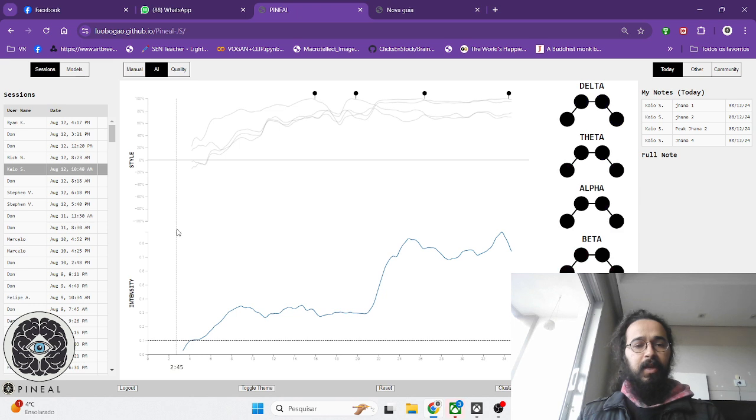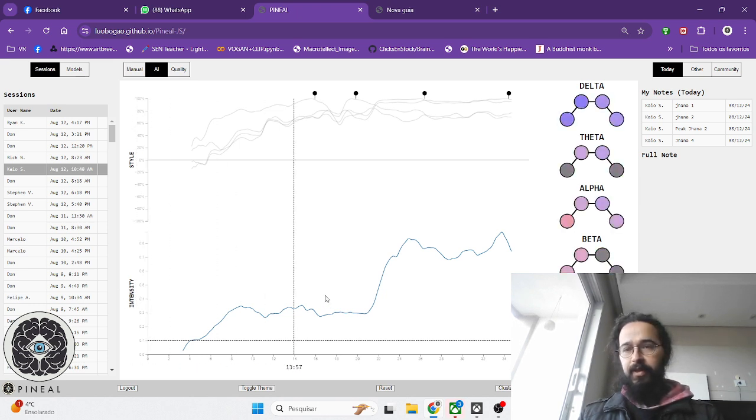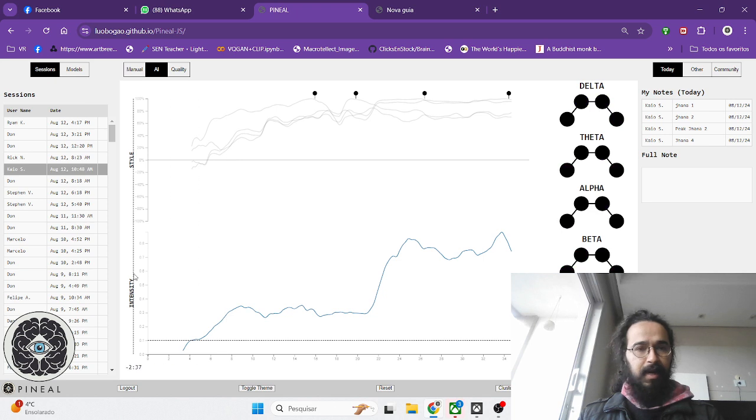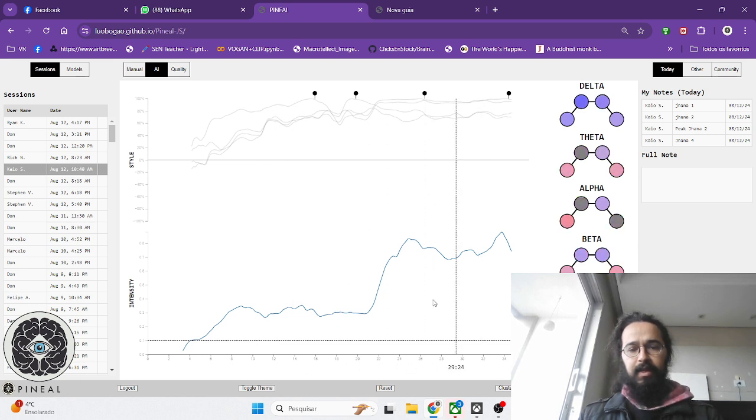So, and this is now the last part of this video. It's really long now. It is the intensity graph. So this is gamma, right? This is a wave of gamma. Me and Steffan really like to look at gamma. And this is intensity in relation to the 0 point of my session to see if my gamma rises and gains power.